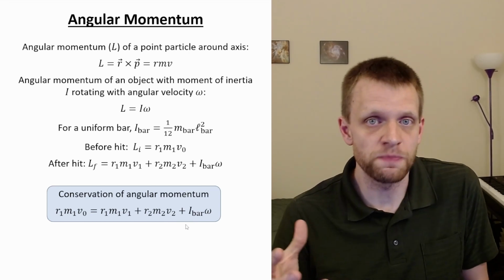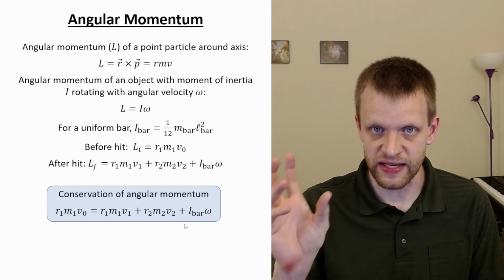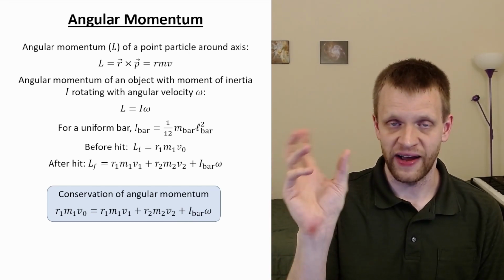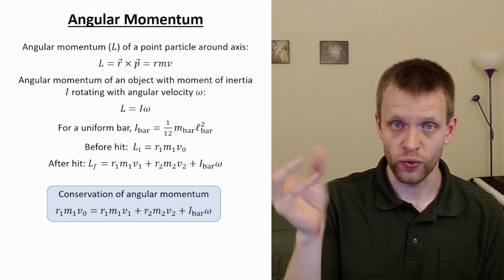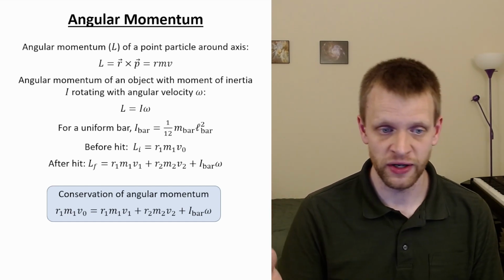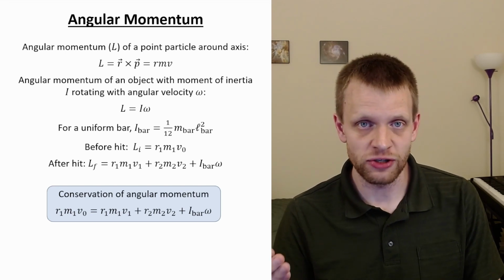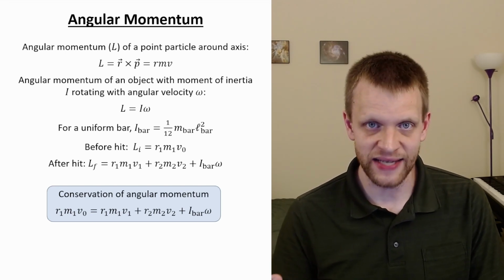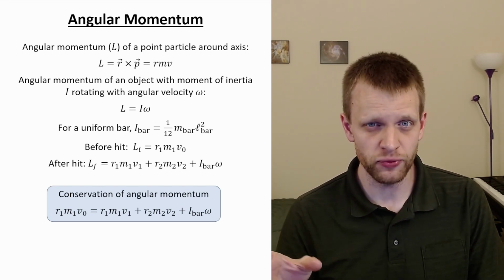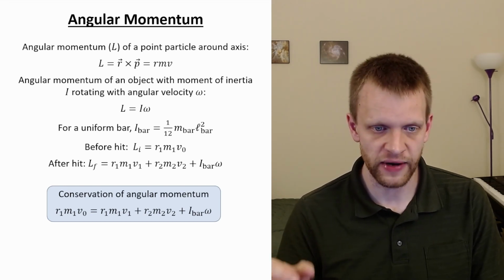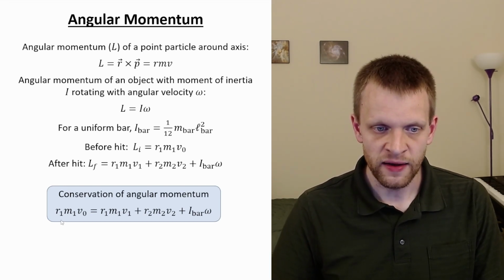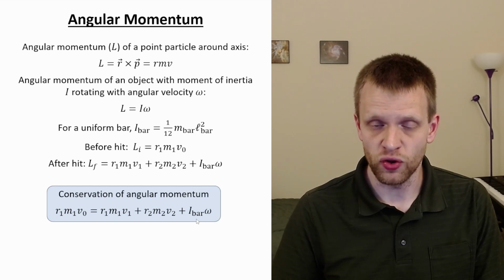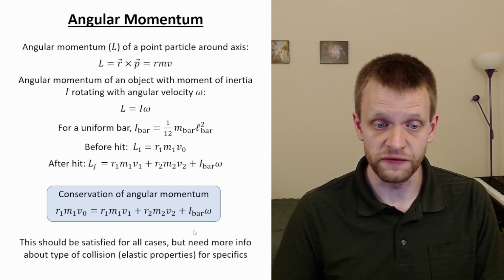Now, this is making some assumptions. We're assuming that the fulcrum itself has very low friction, so we're not getting any external torques due to friction. But as long as there are no other external torques acting on our system, which we should be able to control for to a pretty high degree of accuracy, then this conservation of angular momentum equation should hold for all of these collisions.